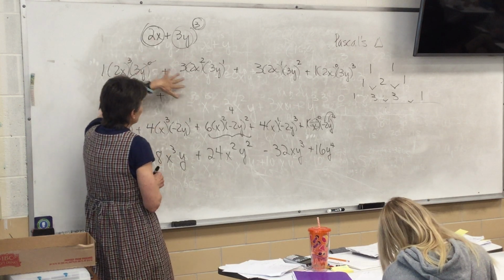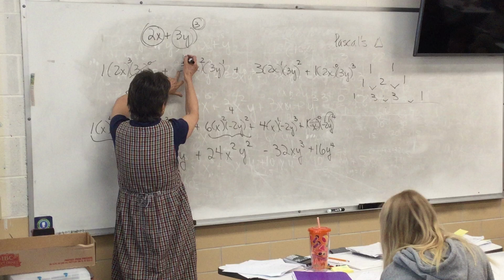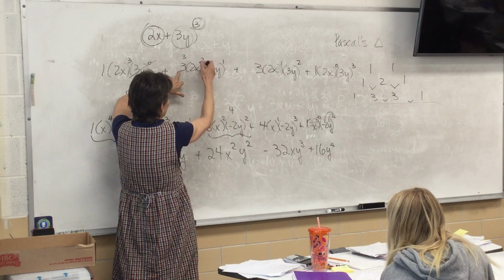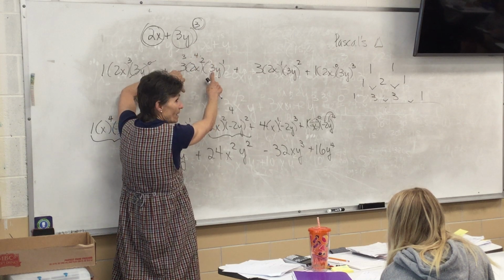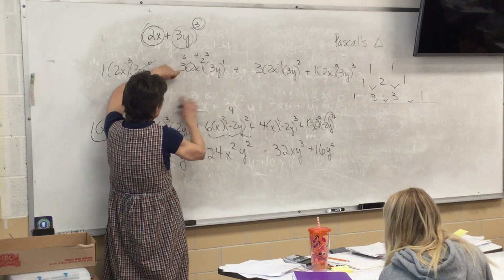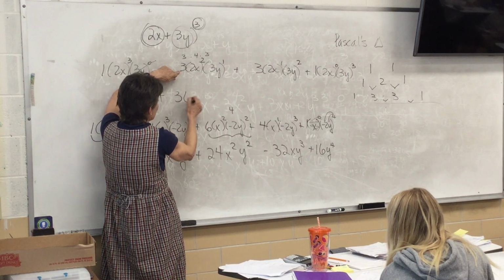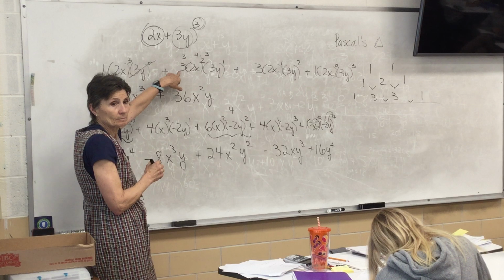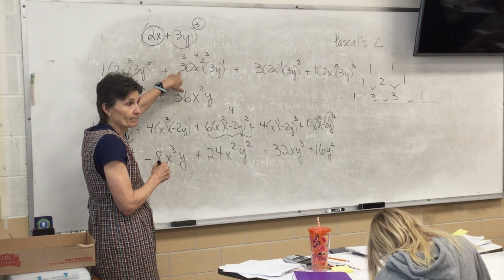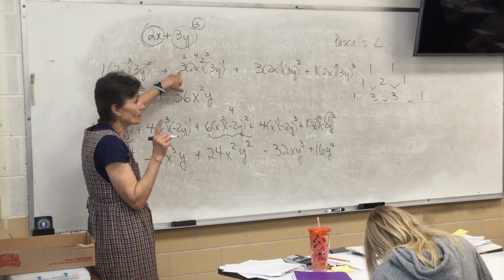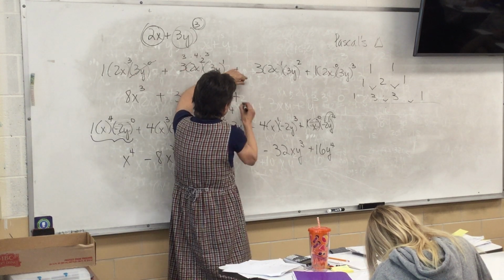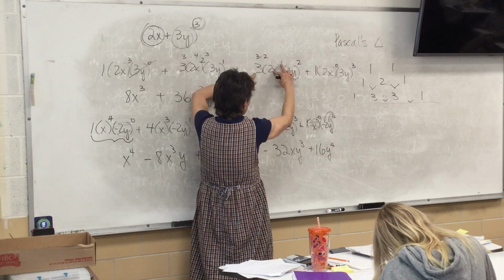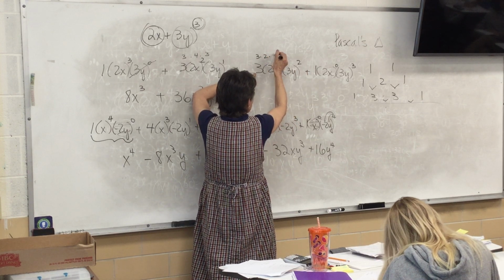Now be very careful here because you got a 3, but what do you have here? 4. And then you've got another 3. So this one is actually going to be 36 x squared y. You see where that came from? And then here, same thing, we've got a 3, a 2, and a 9.